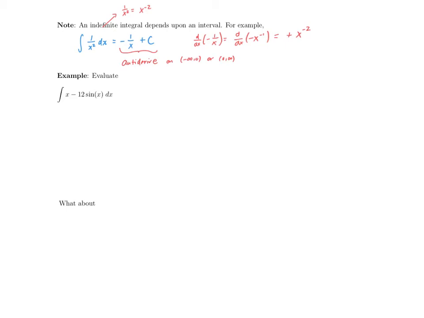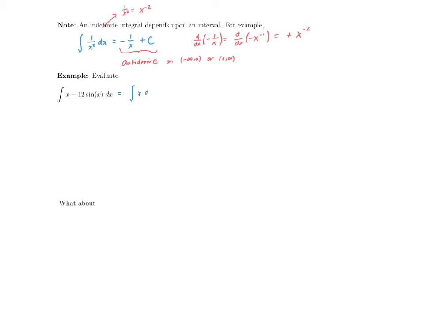So let's look at a few examples. Let's find the indefinite integral of x minus 12 sine x. And to get started, note that when we are calculating indefinite integrals, you can break them up over addition, subtraction, and pull out constants. These rules we get from our discussion on anti-differentiation.